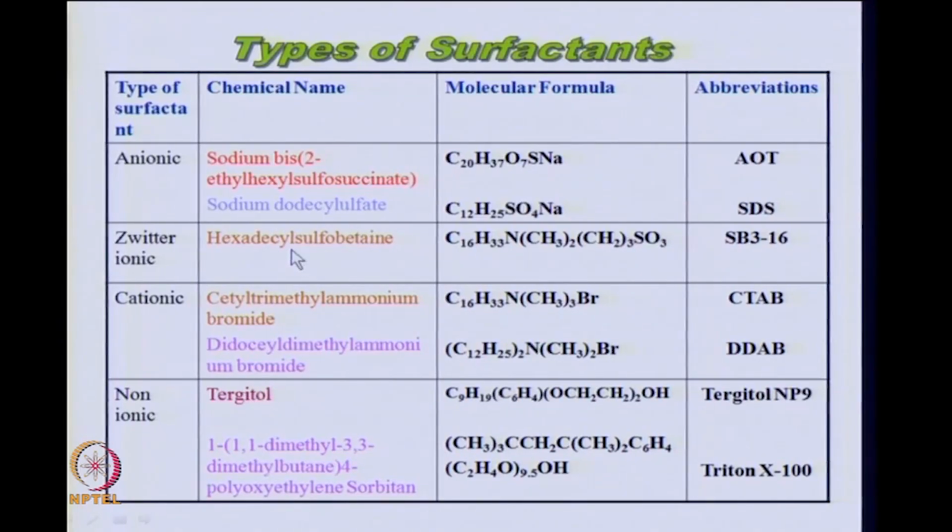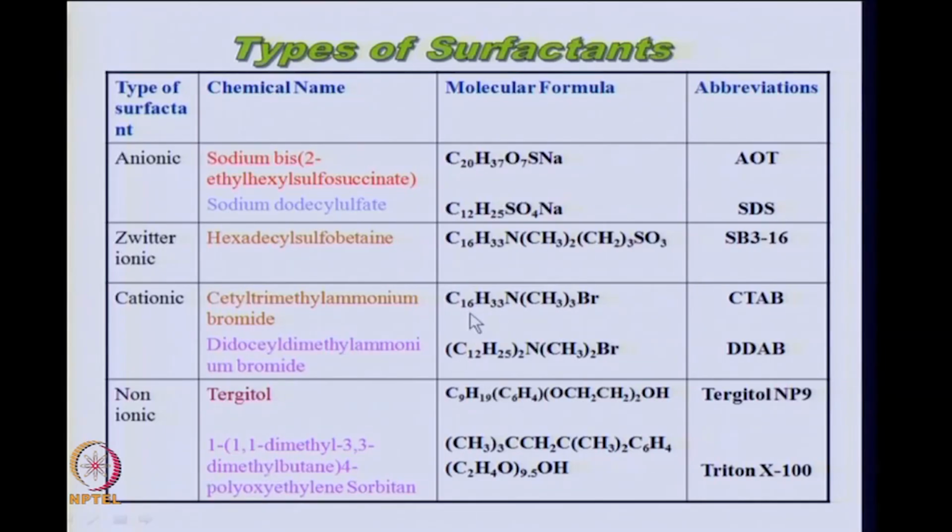You can have zwitterionic surfactants like SB3-16, which is hexadecyl sulfobetaine, this is the formula, and you can have cationic surfactants like CTAB. This is one of the most popular cationic surfactants, where you have this 16 carbon chain. So, it is cetyl trimethyl ammonium bromide.